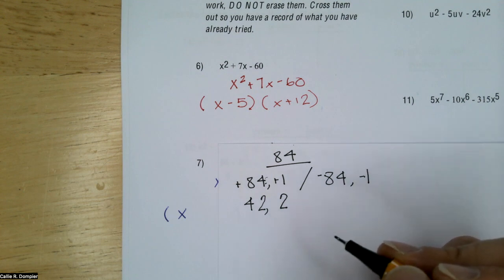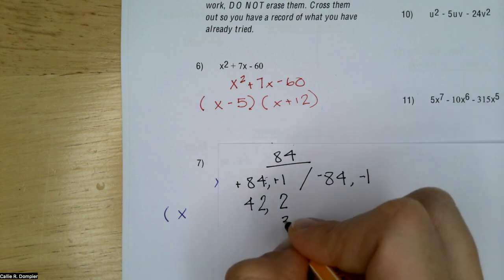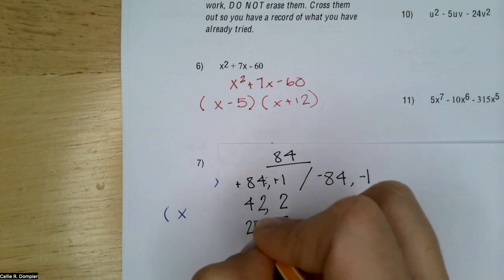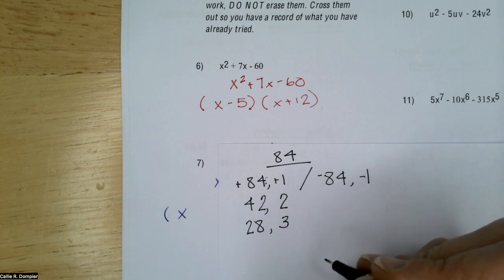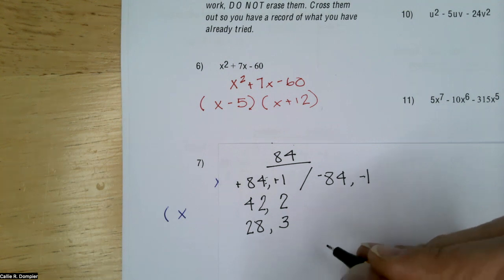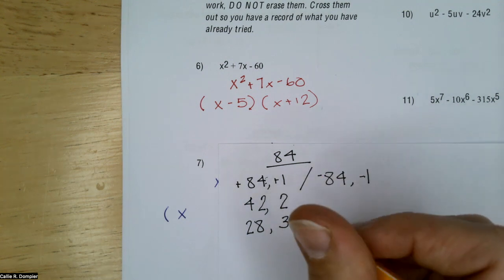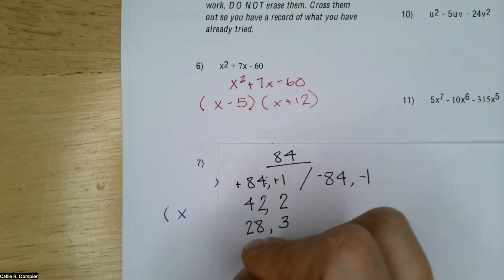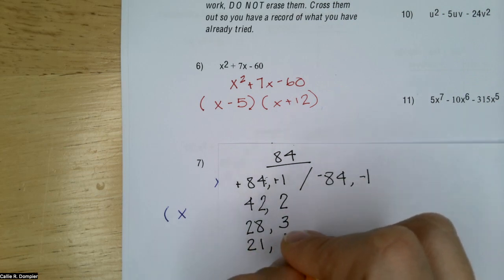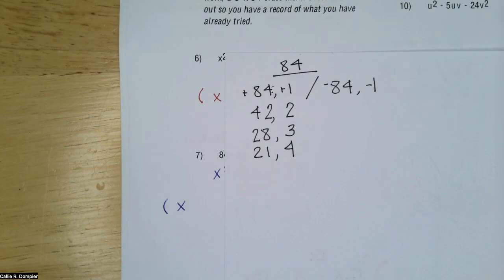84 divided by 3 is 28. So we have the numbers 3 and 28. 84 divided by 4. We can kind of do that one in your head, right? Because 4 divided by 4 is 1, and 8 divided by 4 is 2. So it would just be the number 21. Let's keep going.